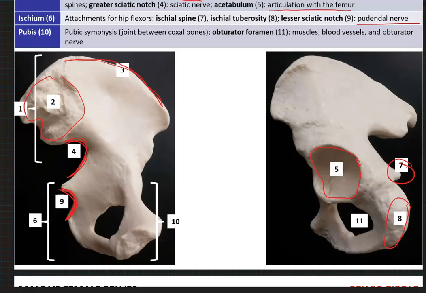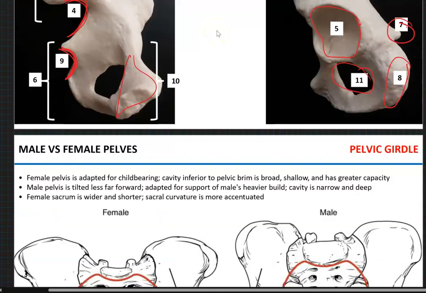Finally, pubis. Pubis here, the frontal part of the coxal bone, forms two pubises, two different coxal bones, form a joint called pubic symphysis. It also contains obturator foramen, which is a passageway for multiple muscles, blood vessels, and nerves.